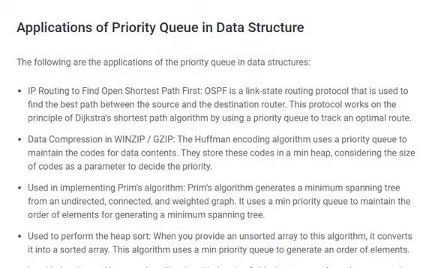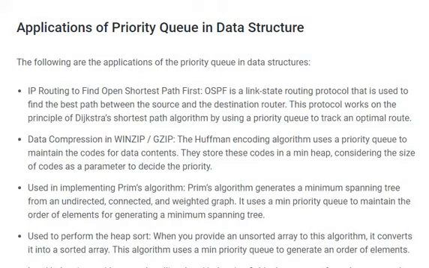So we have various applications of priority queue. IP routing to find the shortest path first, and this works on the principle of Dijkstra's shortest path algorithm. And data compression.